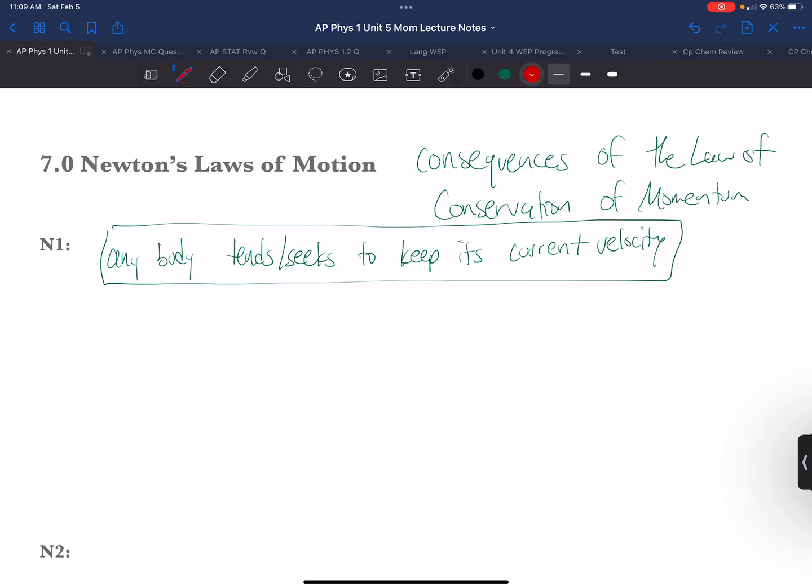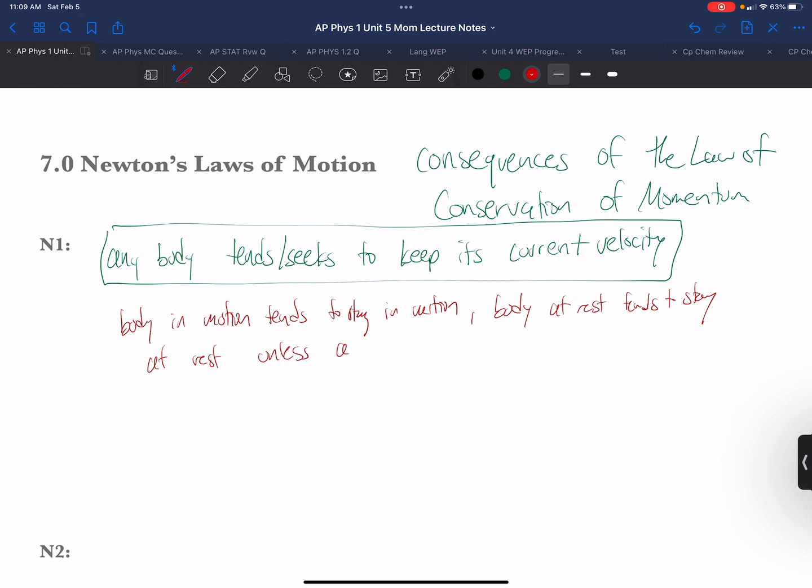Now, there is the more middle school and high school kind of textbook phraseology, which is: a body in motion tends to stay in motion, a body at rest tends to stay at rest, unless acted upon by an outside force.